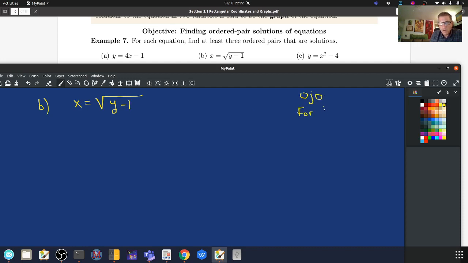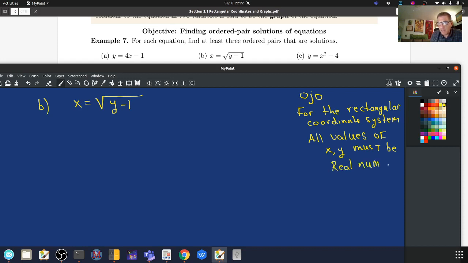For the rectangular coordinate system that we're doing, all values of x and y must be real numbers.